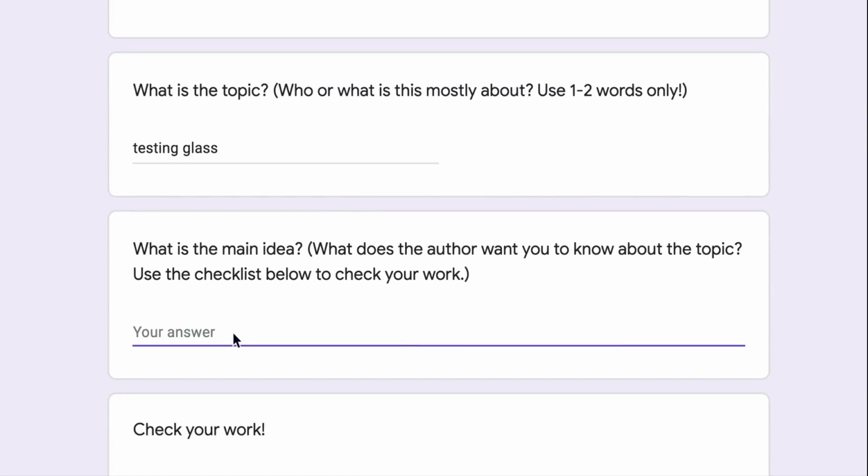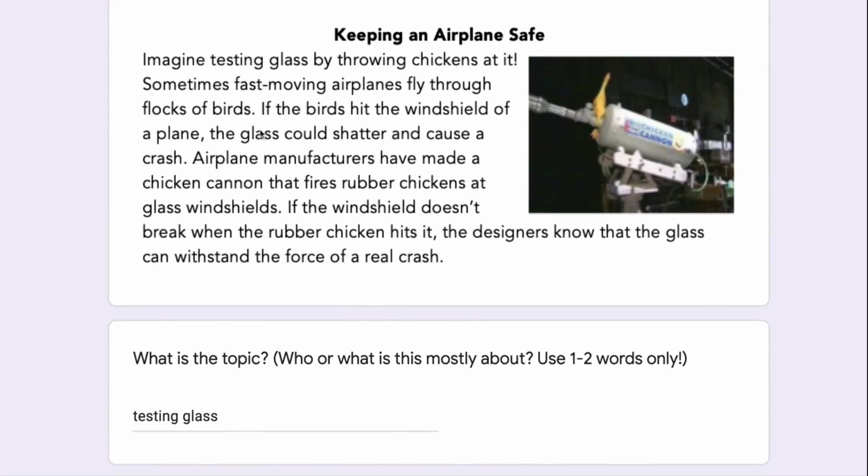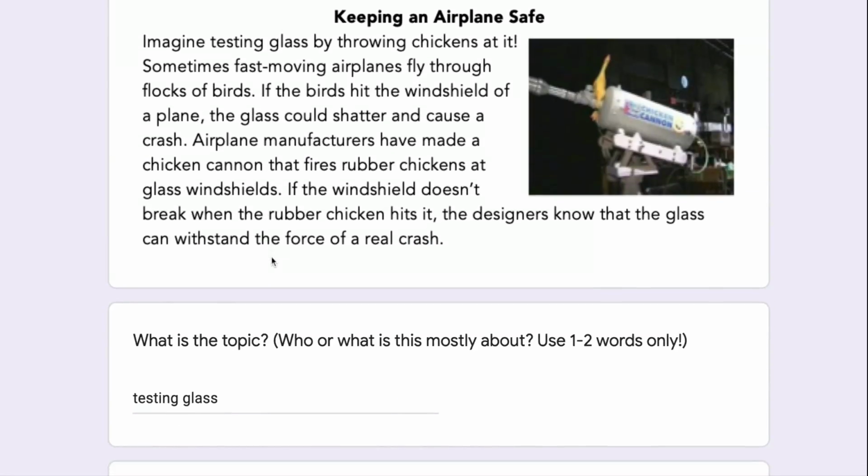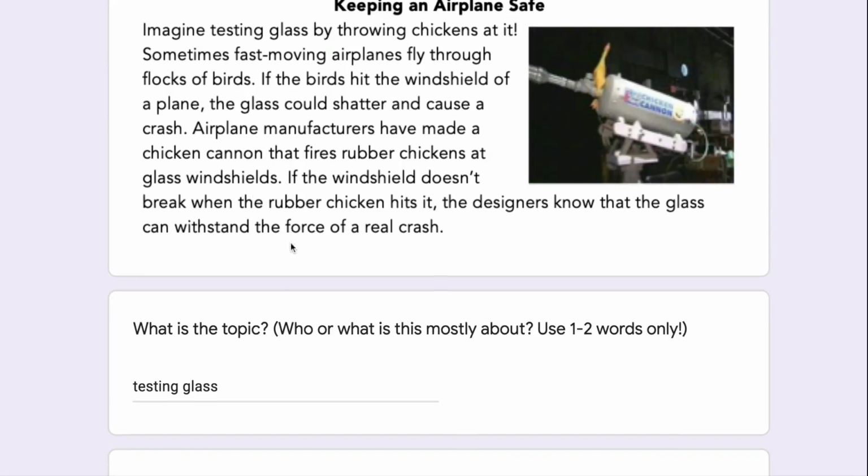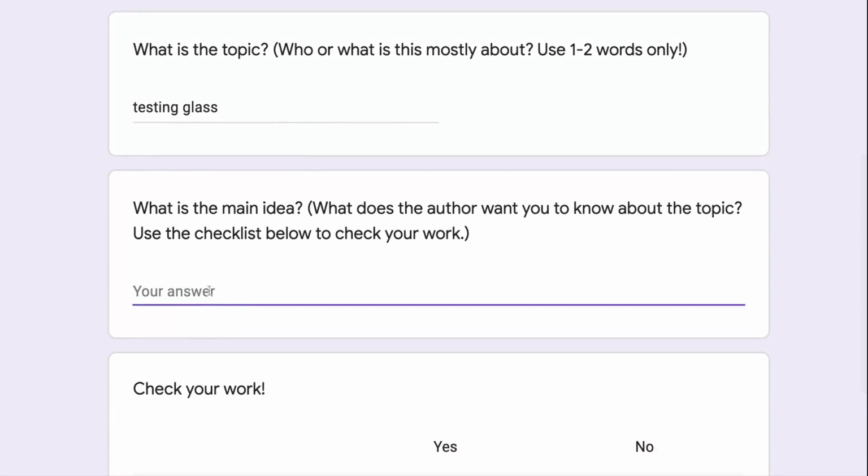Next, I'm going to write out my main idea, and I want to make sure that I'm using as much of the text as possible. I'm trying to summarize the text. When I think back, I see that it's talking about how they have to test glass by throwing chickens at it, how the airplane manufacturers use the chicken cannon to do this, and how it helps keep the airplane safe.